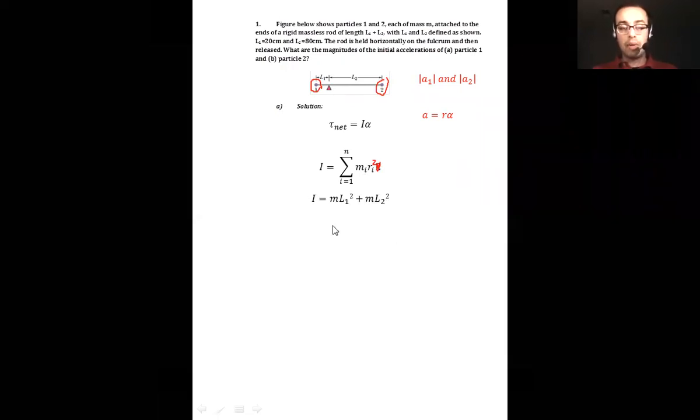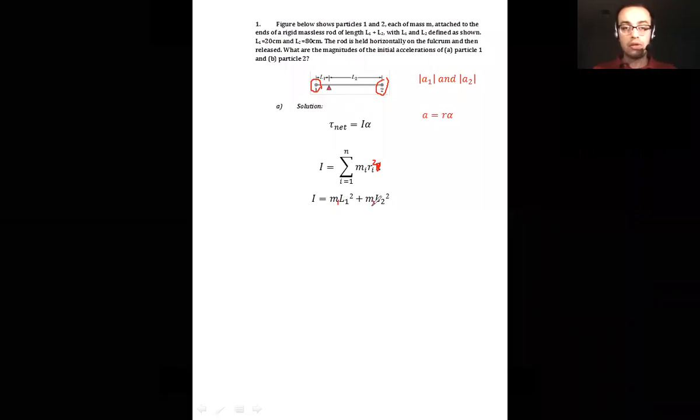Okay, so what we can say is the moment of inertia is equal to M1 L1 squared plus M2 L2 squared.